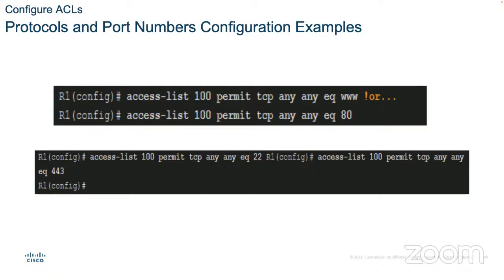This example configures an extended ACL 100 to filter HTTP traffic. The first one uses the port name. The second will use the port number. Both of them do the same exact result. Using the port number is required when there isn't a specific protocol named, like SSH or HTTPS.